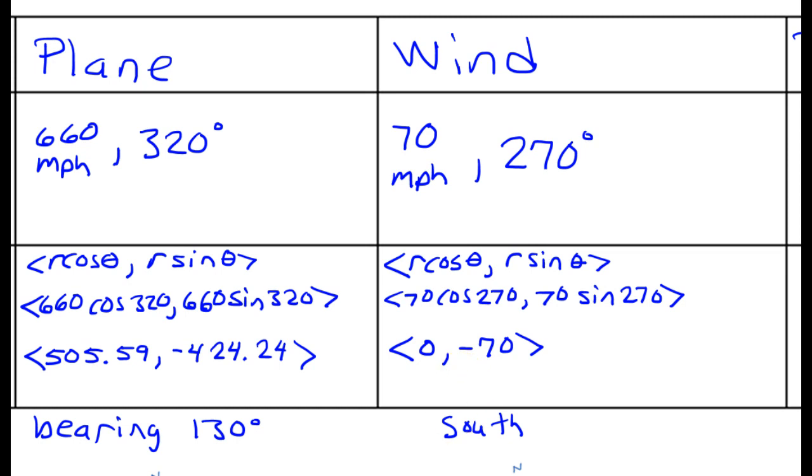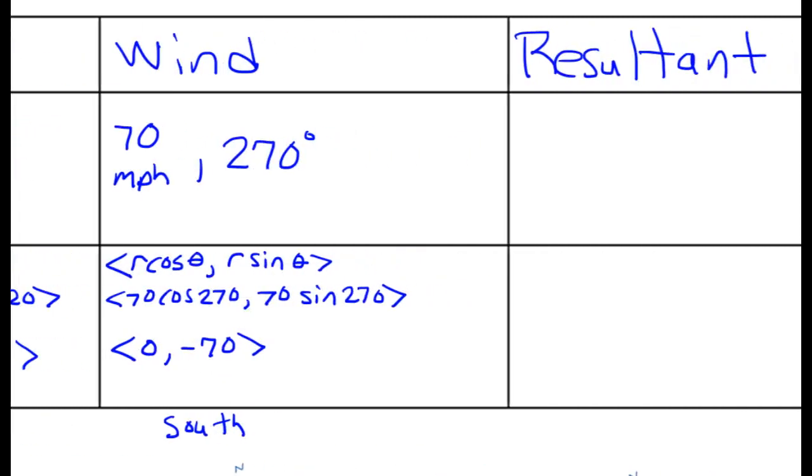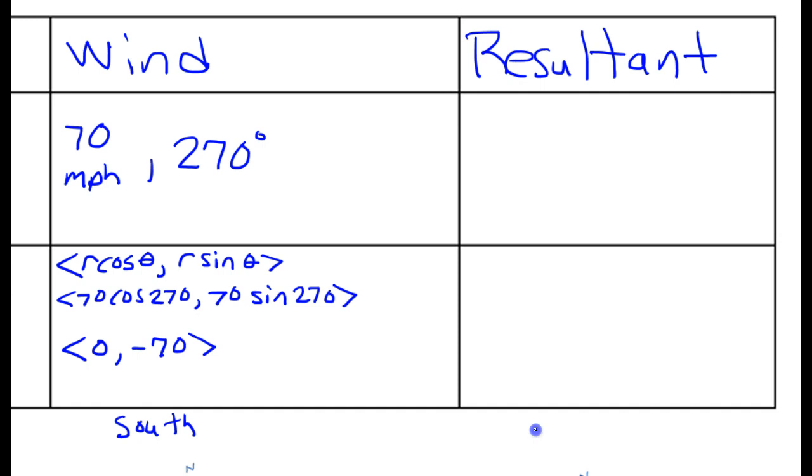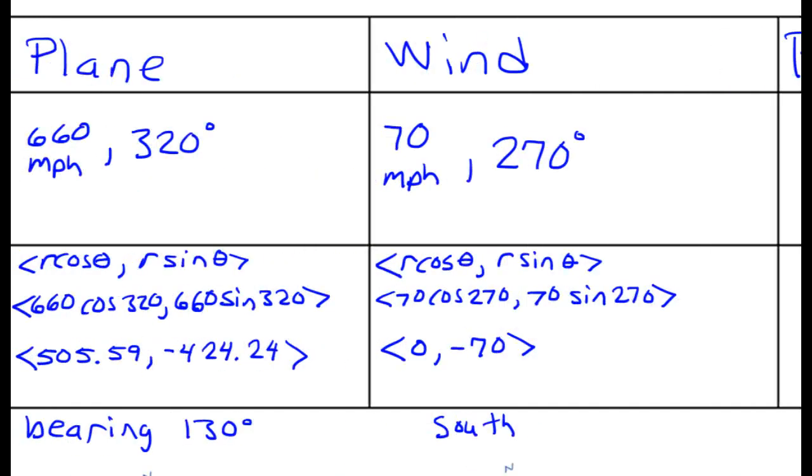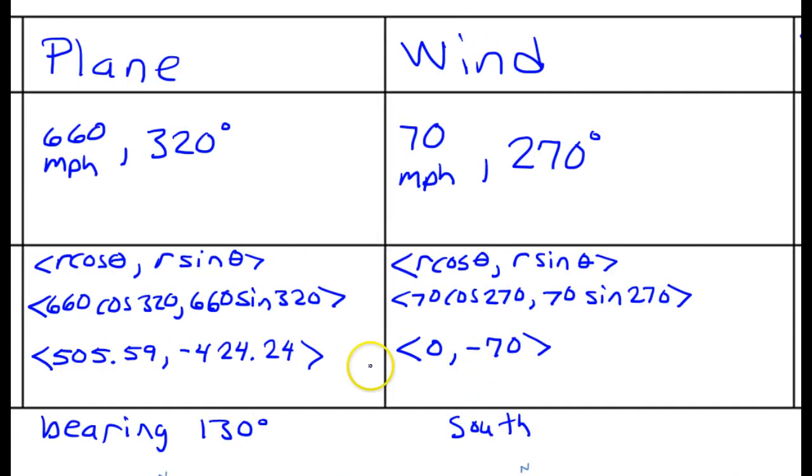Anyway, we can now easily find the resultant vector in component form by simply adding the corresponding parts of the plane vector and the wind vector. So we'll add the 505.59 with 0, and we will add negative 424.24 and negative 70, and that will give us the resultant vector.